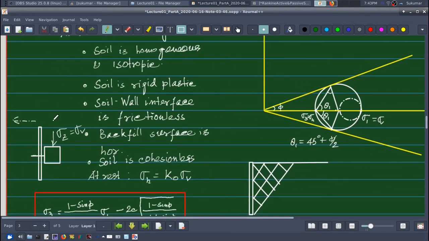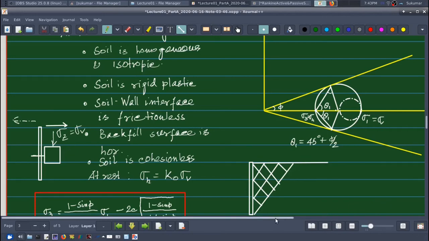Wall will move towards the backfill, and therefore what will happen? My horizontal stress will gradually increase until the failure occurs.